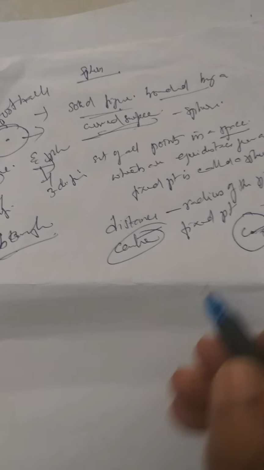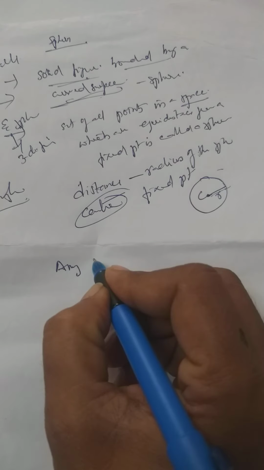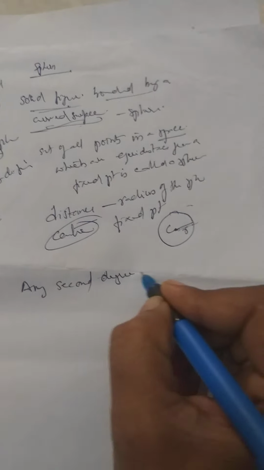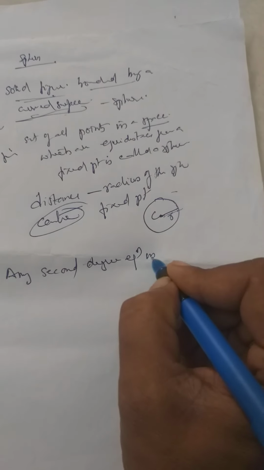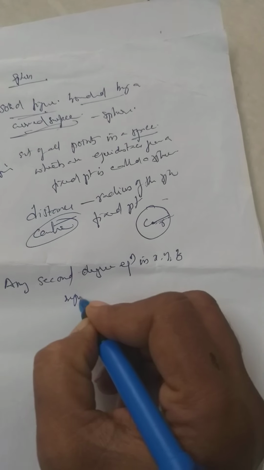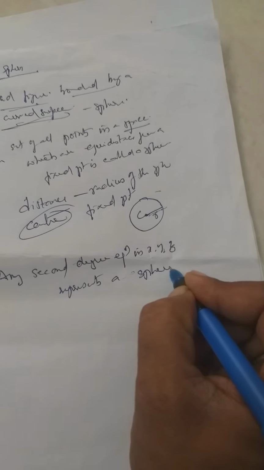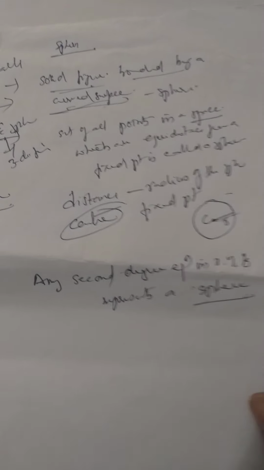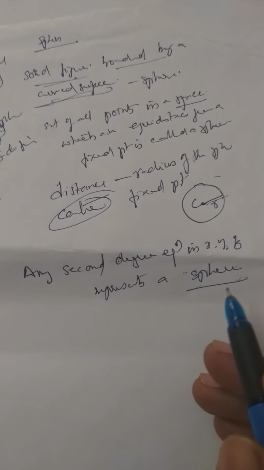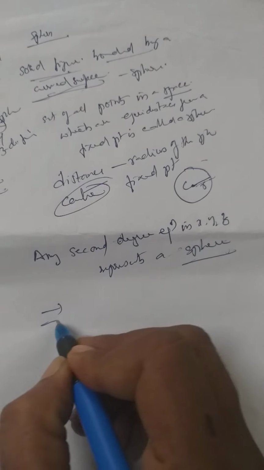Now, what is the general equation of a sphere? Any second degree equation in x, y, and z represents a sphere. Now it has to satisfy some conditions.